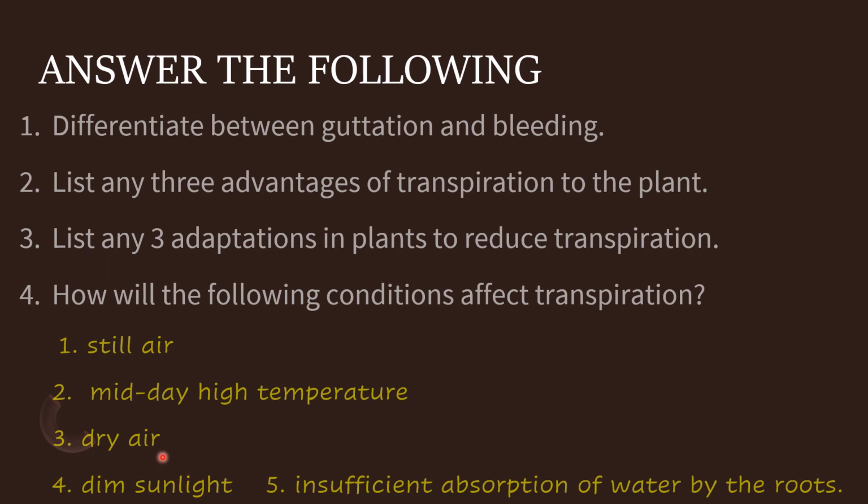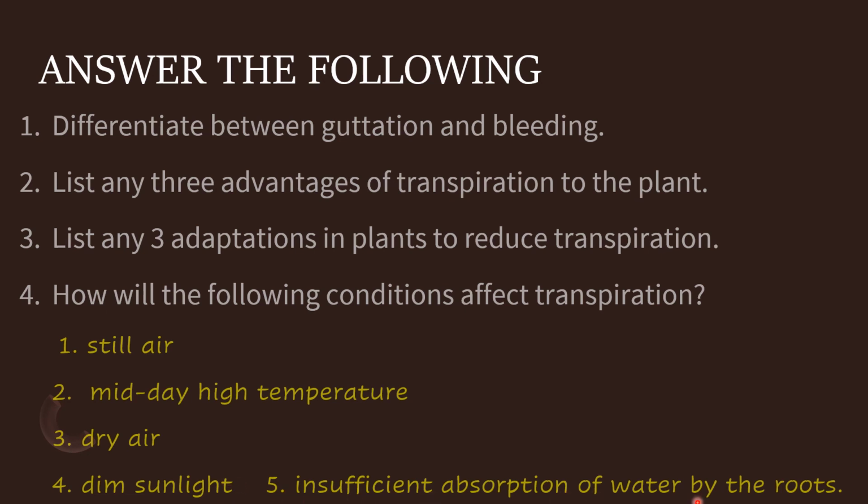Dry air. Dry air means less humid condition. That's why transpiration rate increases. In dry air, transpiration rate increases. Dim sunlight. Light intensity is very less in dim sunlight, so transpiration rate decreases.